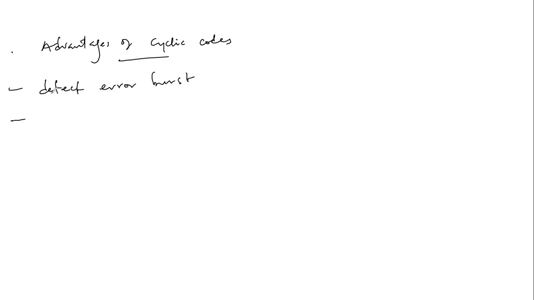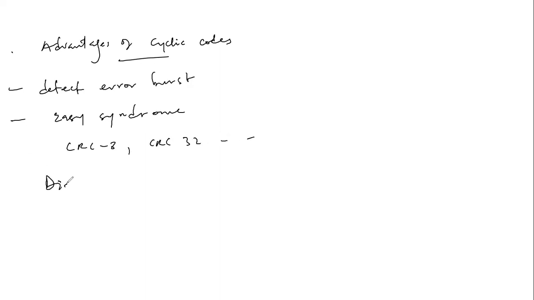Hence, very efficient decoding schemes are possible with cyclic codes. Cyclic codes also have easy syndrome computation. And cyclic codes provide standardization like cyclic redundancy code 8 or cyclic redundancy code 32 and so on.